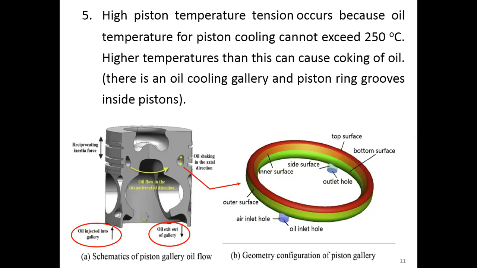Someone might think, why don't we keep it down? But if we keep the piston temperature down, the lubrication oil that receives the heat from the piston can go higher than 250 degrees Celsius. What happens if the oil temperature goes higher than 250?